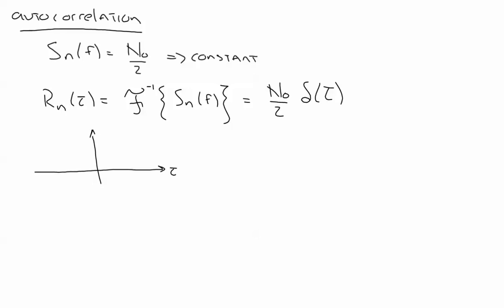Let me use another color here just to demonstrate this. My autocorrelation is just a delta function centered at tau equals 0. Remember, autocorrelation is a measure of the similarity of a random process to itself at some earlier or prior instant in time.